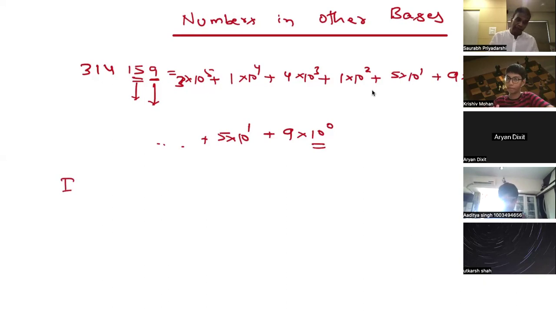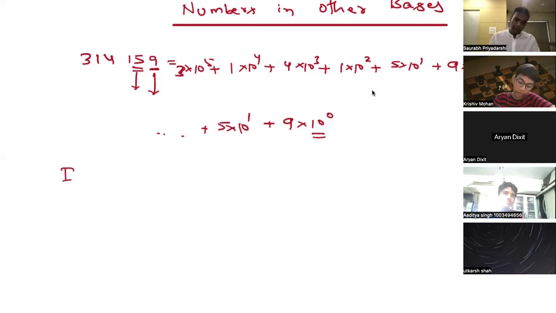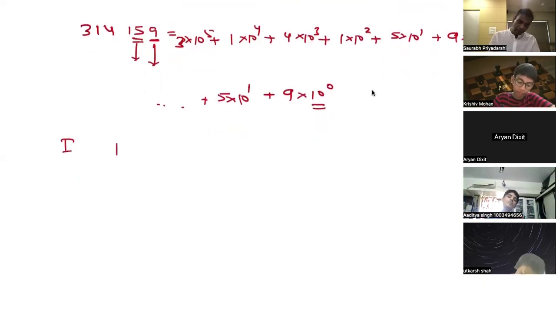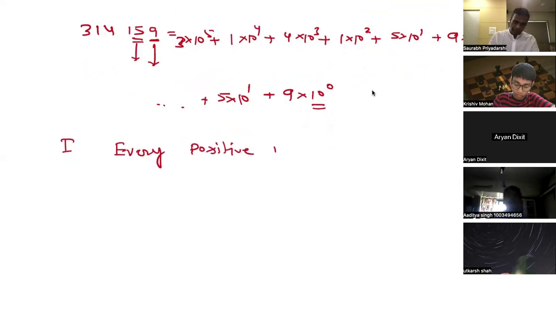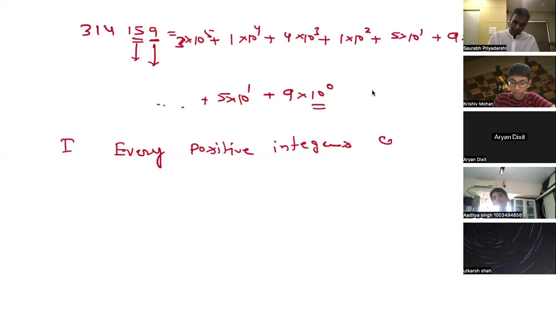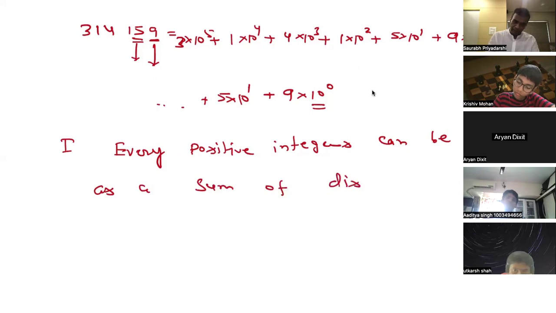The first theorem on this is: every positive integer can be written as a sum of distinct powers of 2.